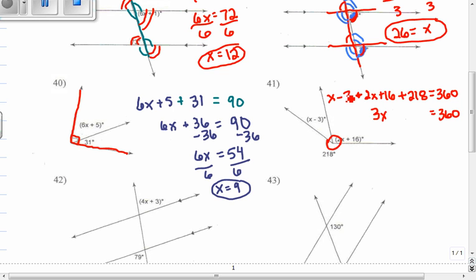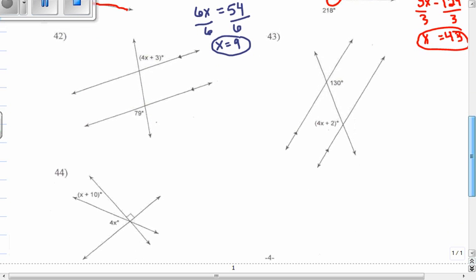Very good. Minus 3 plus 16 plus 218 is how much? 231. So if we subtract 231 from each side of the equation, we get 3x equals 129. We divide both sides by 3 to get x equals 43. Very good.